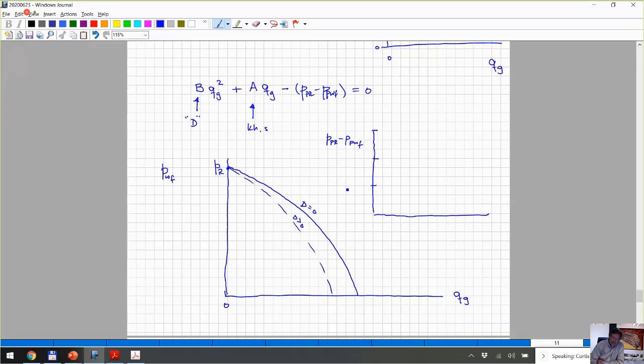I don't know what the units are going to be. They're big numbers, 10 to the 4th, 10 to the 5th, 10 to the 6th, 10 to the 7th, depending on the units, of course. And then you've got 100, 10, 1, 0.1 gas rate in million standard cubic feet per day.